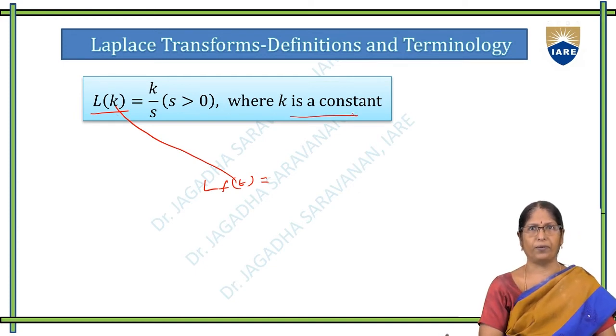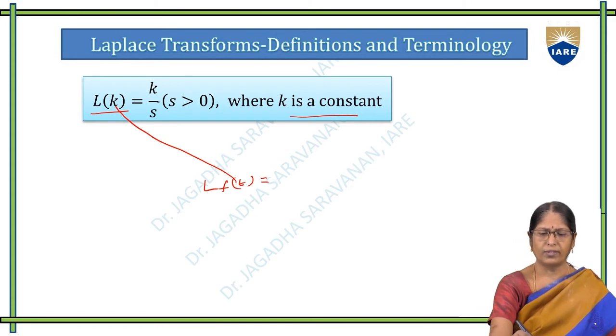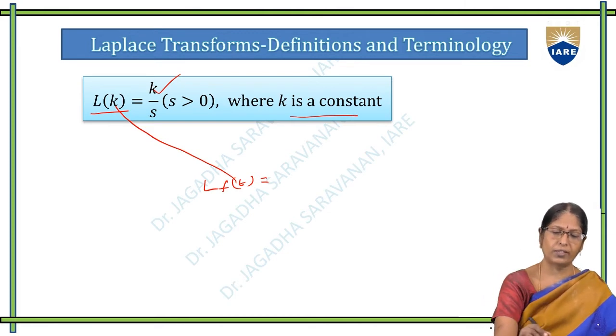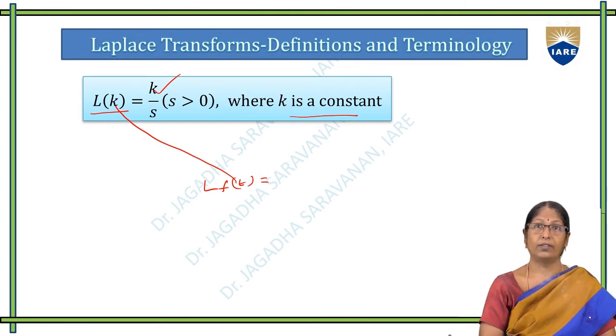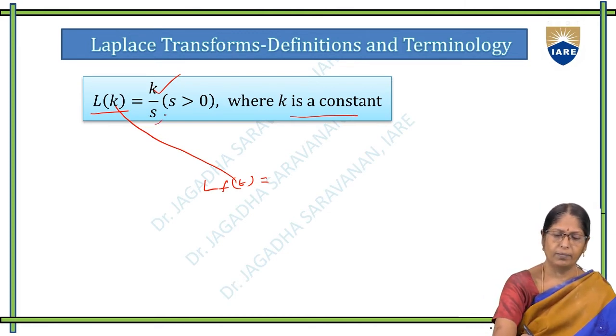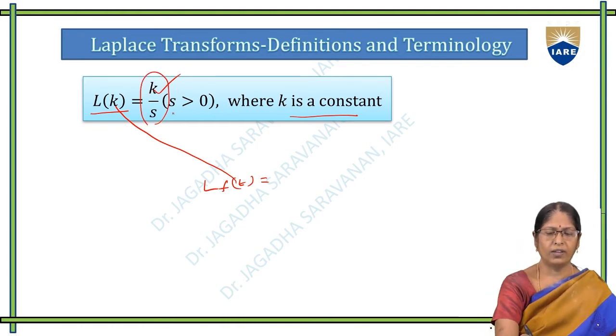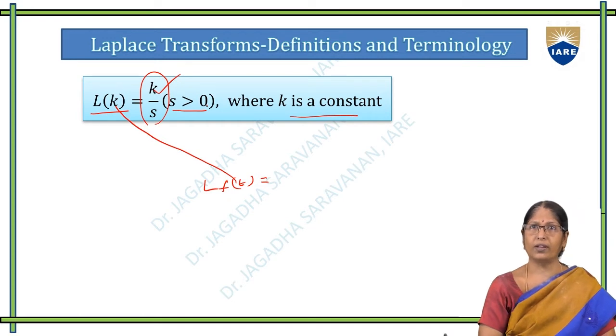The result is k by s. That is the formula defined in the Laplace transform: if f of t is k, then the result is k by s. Here, specifically, s is greater than 0; it is a positive number.